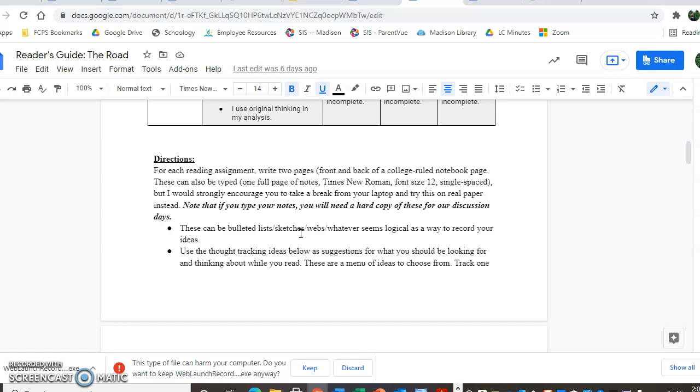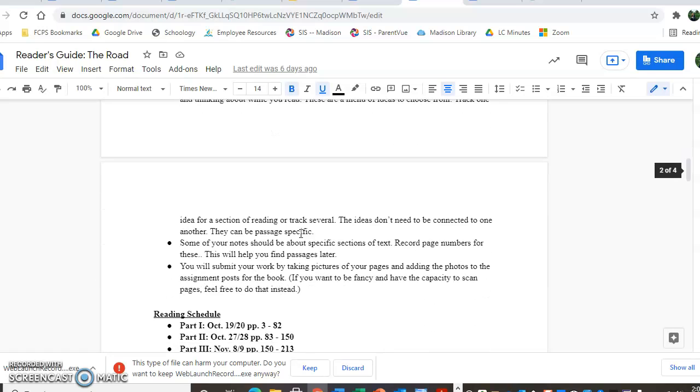For discussion days, if you're back in school at that point, I ask that you bring a hard copy of the notes. So bring your notebook with you, or if you are typing your notes, you do need a hard copy, because when students are staring at the computer during the discussion, it tends to not go so well.